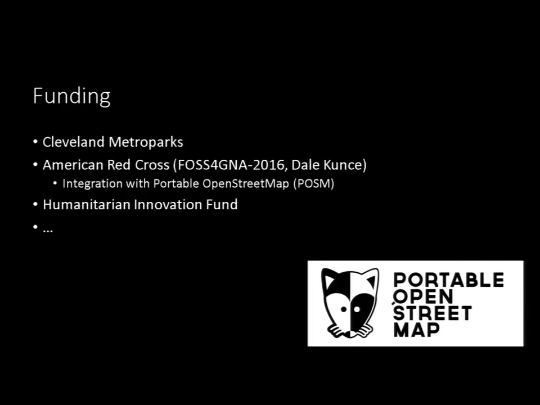So funding and the future. So like I said, Cleveland Metroparks started the project. American Red Cross actually spent some time, effort, and money to integrate it into the portable OpenStreetMap project last year. And their use case is, everyone remembers the Ebola crisis.